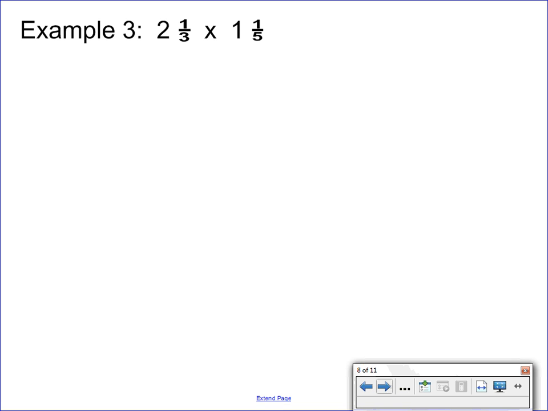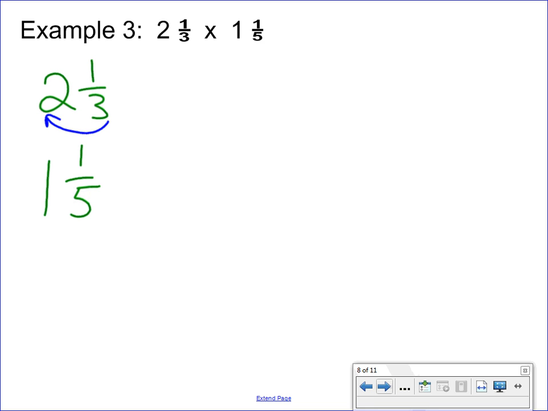We've got 2 1/3 times 1 1/5. Now you might be wondering why I'm writing them vertically over here on the side. And that's because we need to change that mixed number to an improper fraction. If you remember from before break, we do the circle here. And basically what you're doing is you're going to take your denominator times your whole number and add your numerator.